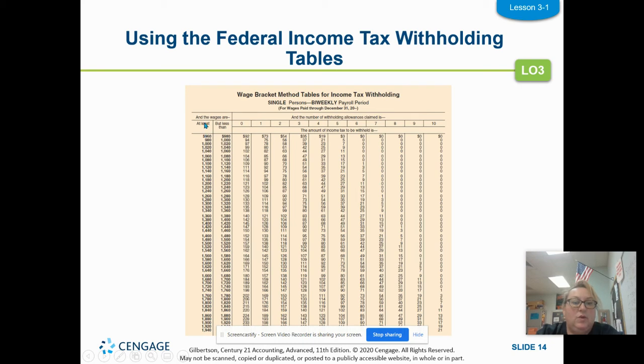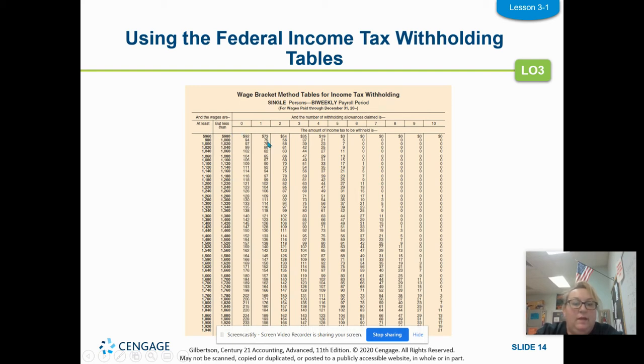Notice they go to at least $960, but less than $980. And then you notice the next number starts at $980. So remember, if it hits $980, or hits one of these numbers in the "but less than" column exactly, you have to go to the next one.